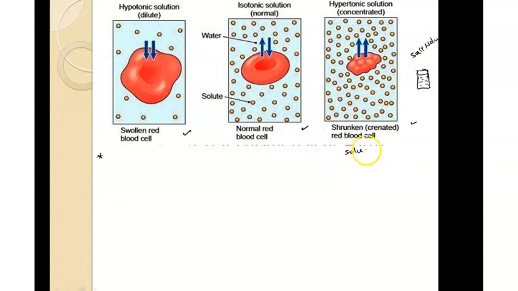Solution is nothing but a combination of solvent plus solute. Solvent is the one which is going to dissolve something in it, and solute is the one which is going to dissolve in something. Okay, let's see. If you take salt water, here water is the solvent and salt particles are the solute.